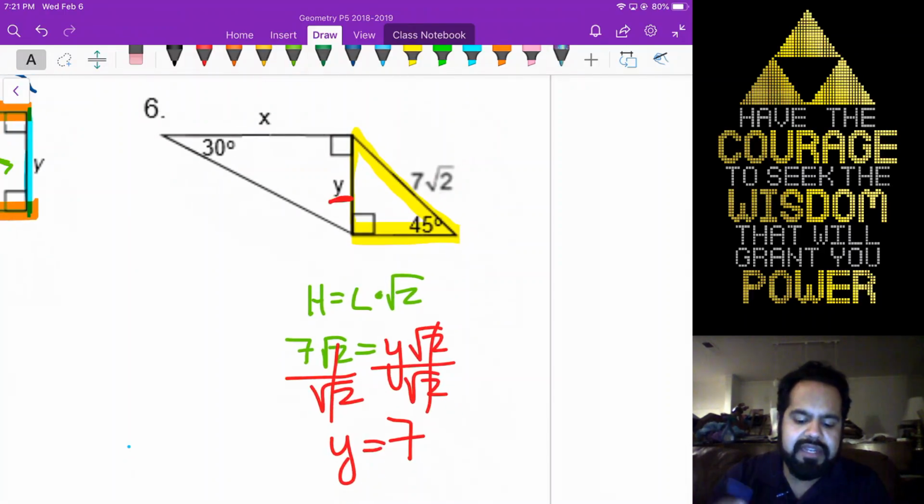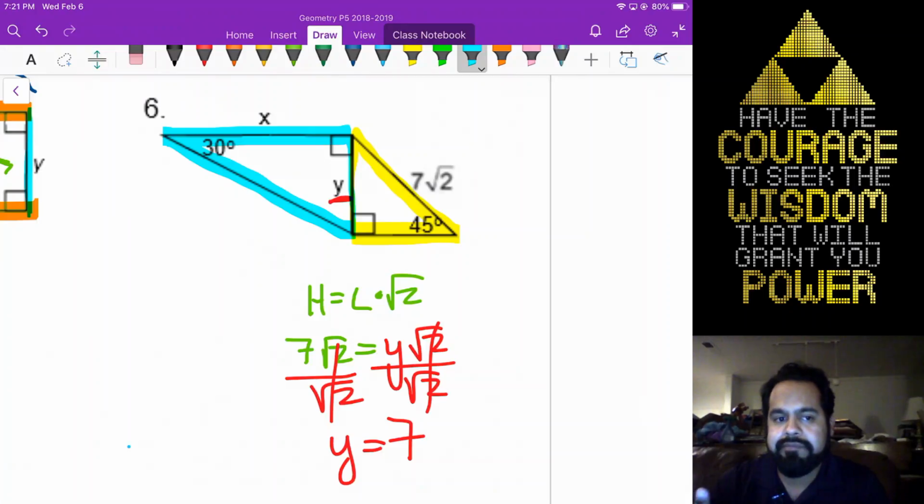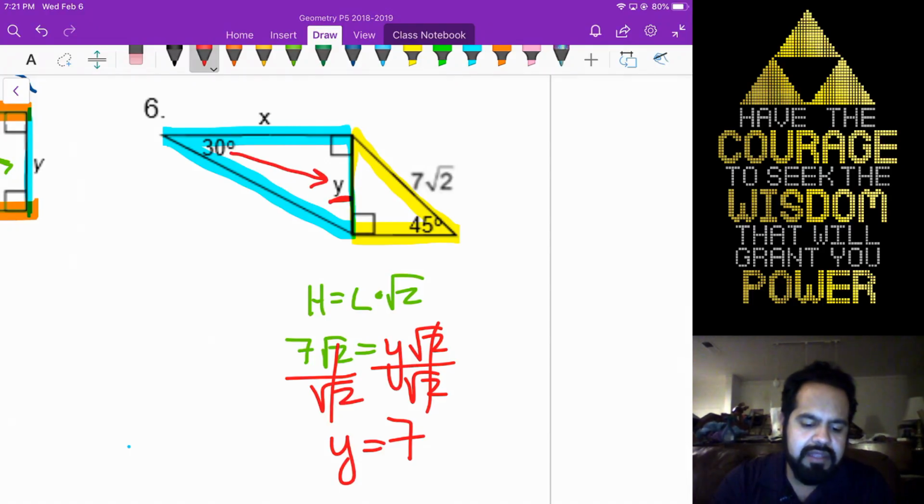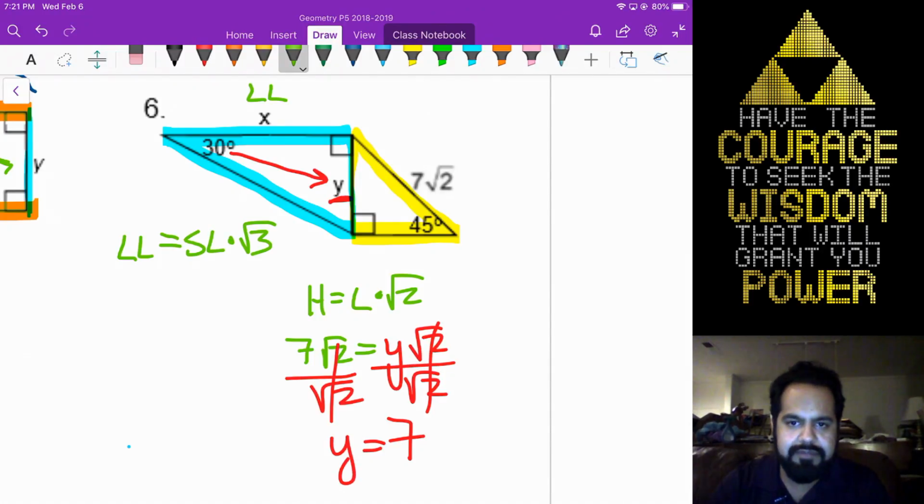Now we have another triangle here. We have this 30, 60, 90 special right triangle. So what I got to do here is I got to say, hey, now I know the side that's across from the 30. The side across from the 30 is the short leg. What is x? Well, x is not the hypotenuse, so it's got to be the long leg. My long leg is equal to the short leg times the square root of 3.